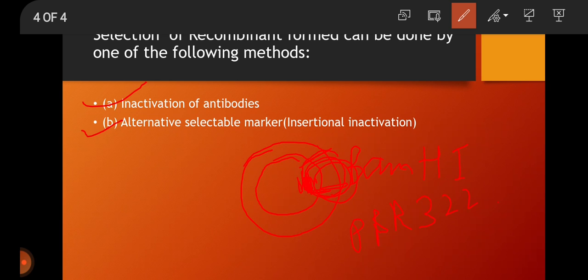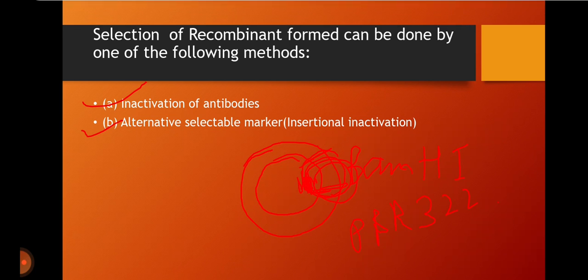It can still be selected from the non-recombinant ones by plating the transformants on ampicillin-containing medium. The transformants growing on ampicillin-containing medium are then transferred onto a medium containing tetracycline. The recombinants can grow in ampicillin-containing medium but not on the medium containing tetracycline, whereas non-recombinants can grow on the medium containing both the antibiotics, and thus recombinants are selected.